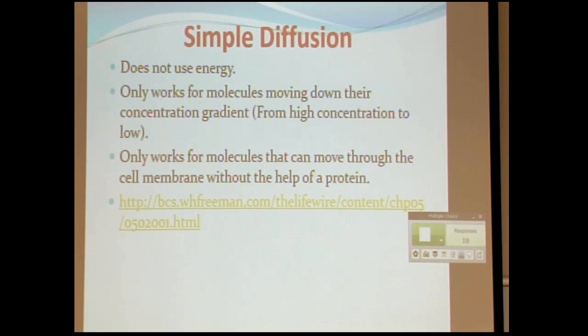So simple diffusion, no energy, only works if you're going from high to low. And most importantly, that only works for molecules that can go straight through the cell membrane. So those, small nonpolar things, small polar things. So like the gases, the water, steroids that we mentioned earlier.